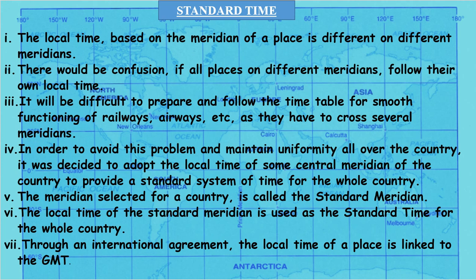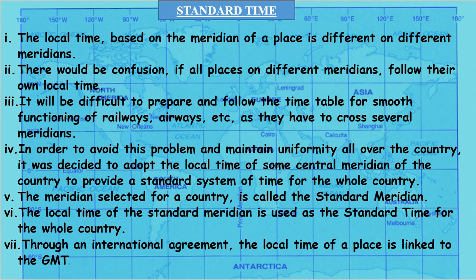So there would be confusion, isn't it, if all places on different meridians follow their own local time? It will be difficult to prepare and follow the timetable for smooth functioning of railways, airways, etc., as they have to cross several meridians.